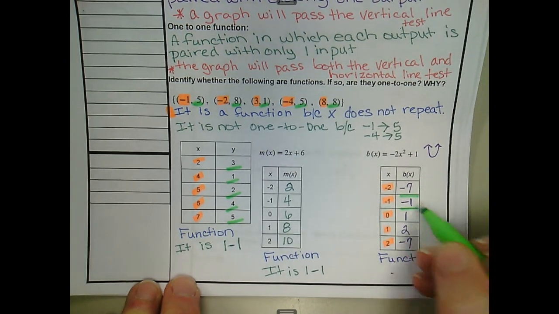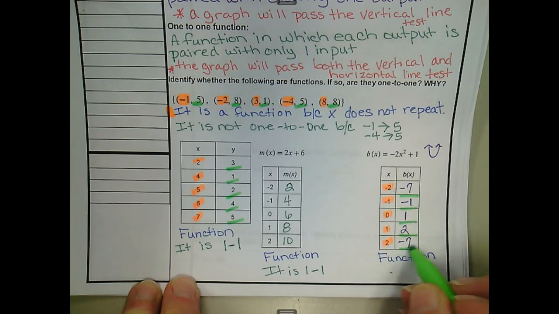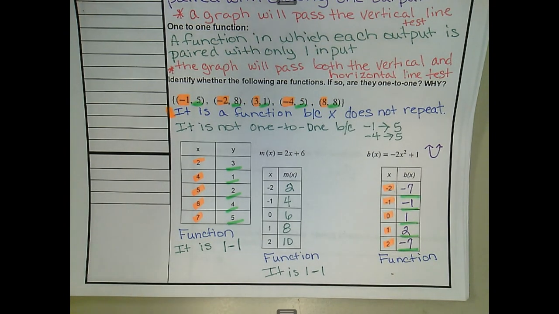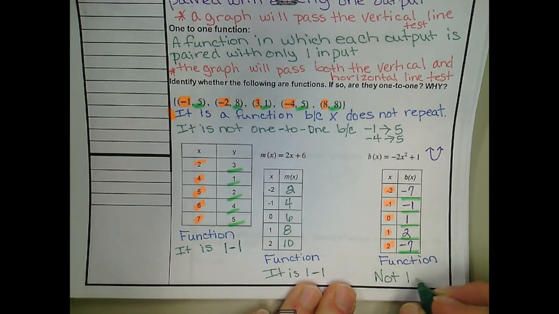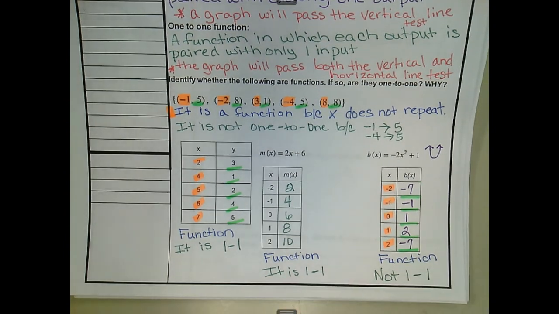Negative 7, negative 1, 1, 2, negative 7 again. It is not 1 to 1. Okay, so we can have functions that are not 1 to 1. The important thing to remember when we're looking at inverses, number one, it has got to be a function. Number two, it's got to be 1 to 1. If it is not 1 to 1, there is no inverse.